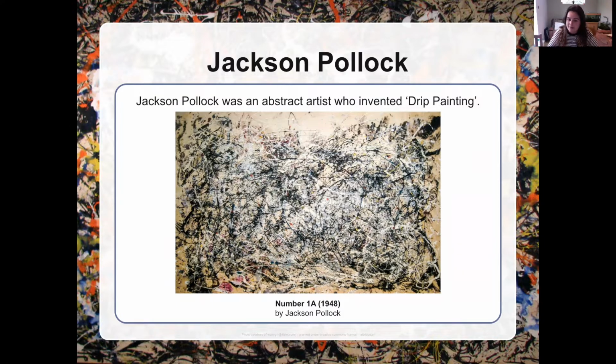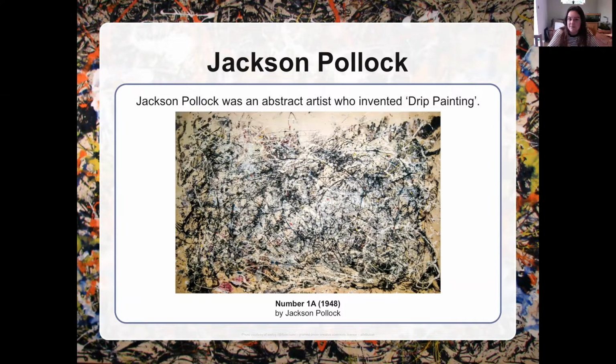So you have to interpret it. You have to try and work out what he wants you to see in this picture. So this particular piece he named Number 1A, and this was designed in 1948. And the style of artwork that he used was called drip painting.